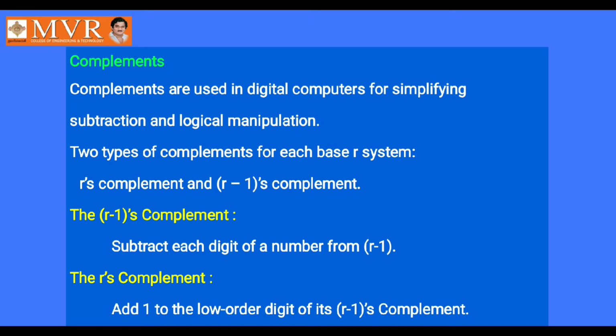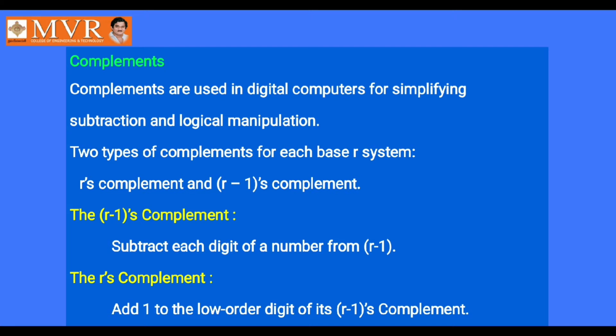If you consider a decimal number, the decimal base is 10, so R minus 1 is 10 minus 1, which is 9. Each digit in the decimal number must be subtracted from 9. Then you will get the 9's complement. In the binary system, R minus 1 means 1's complement, so each digit of the binary number you subtract from 1. Then you will get the 1's complement of a binary number.